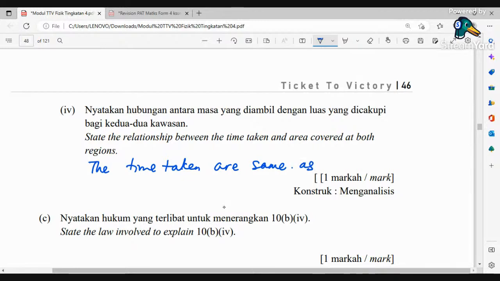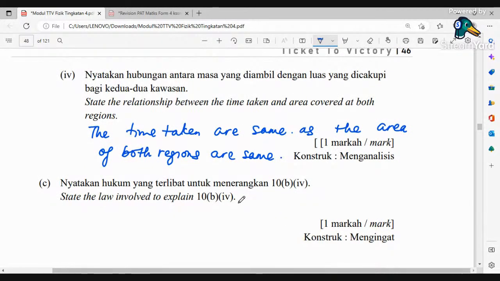As the area of both regions, okay, same time taken, so area are same.